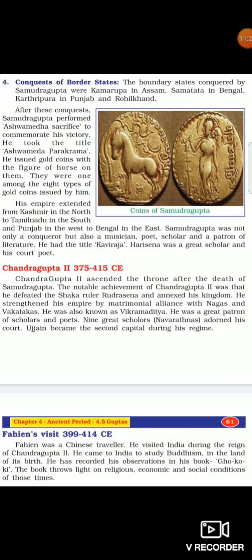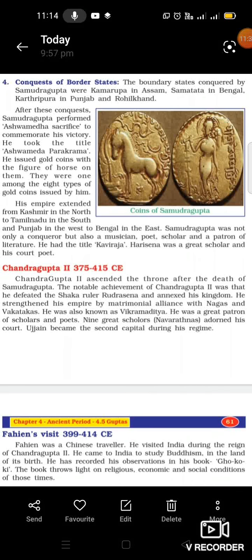The Gupta period is also known as the Golden Age, and so on. We shall study in our next class.